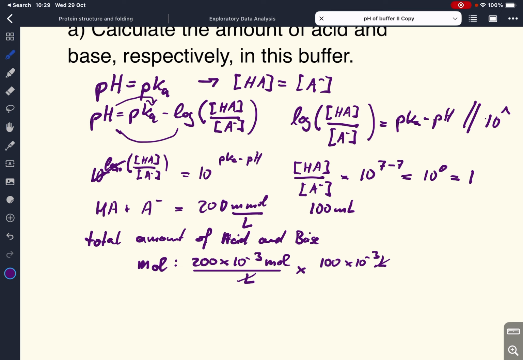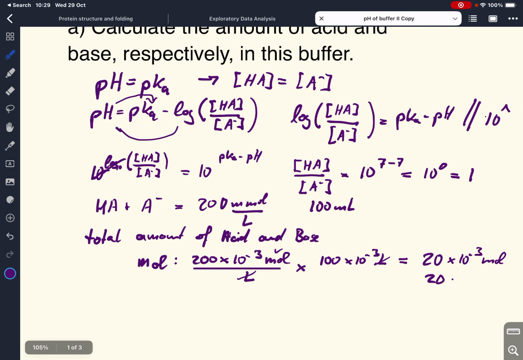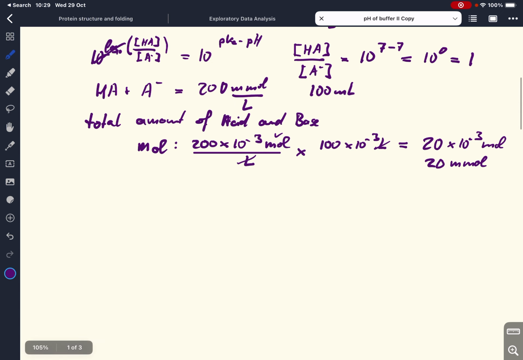The liter cancels out, the mole is in the right place, so this would give us 20 times 10 to the minus 3 mole, which of course is the same as 20 millimole. So we've got this 20 millimole, that's the total, and we can say the amount of HA plus A minus equals 20 millimole.